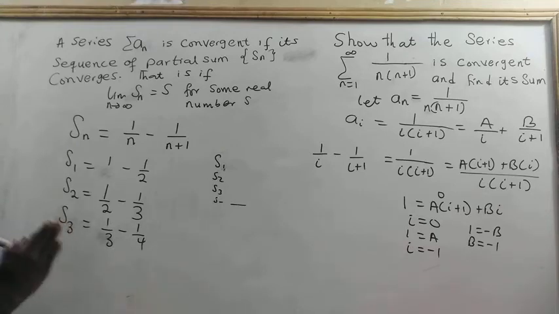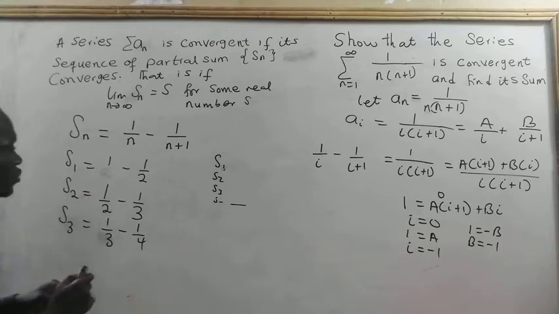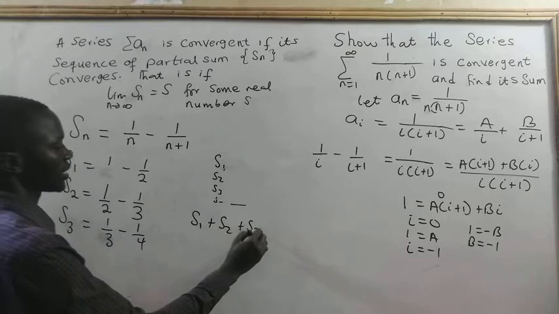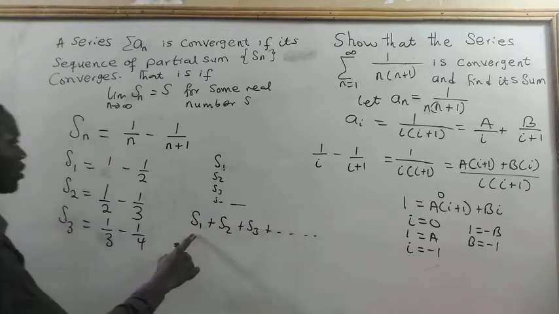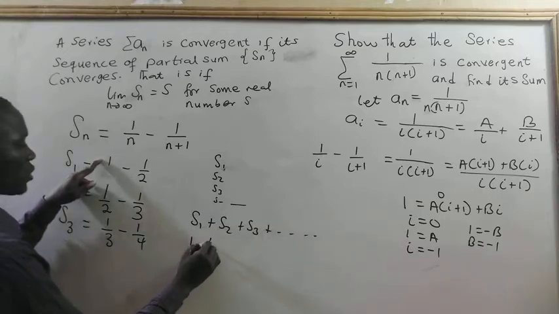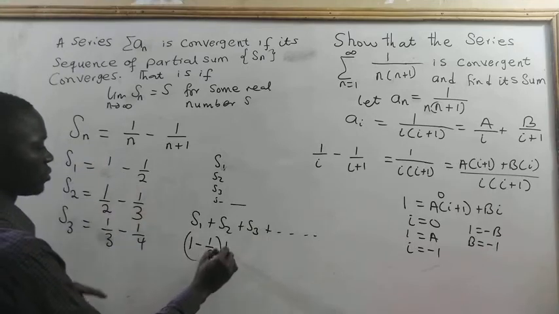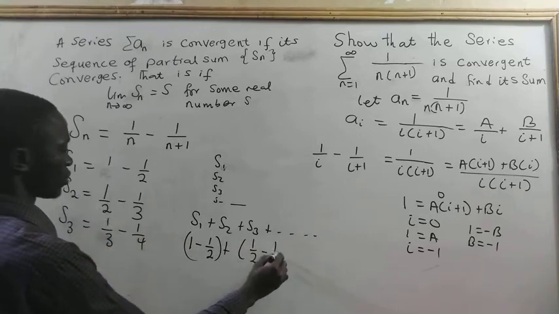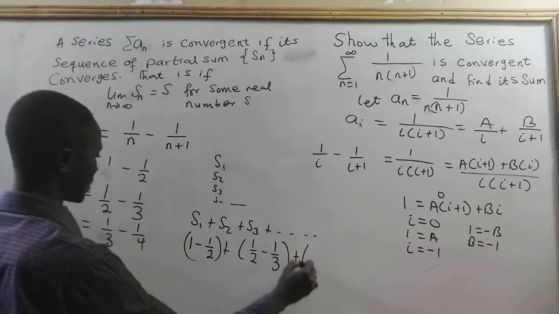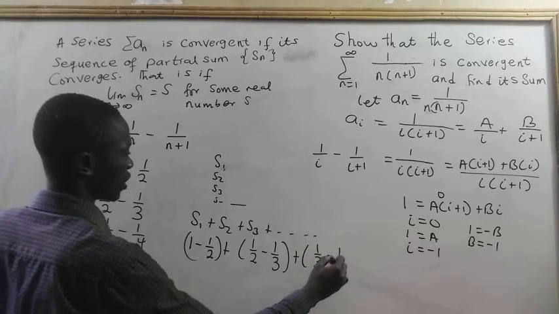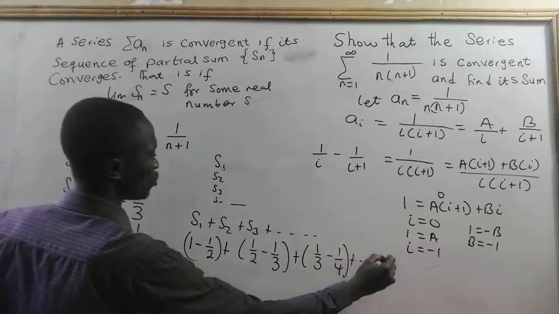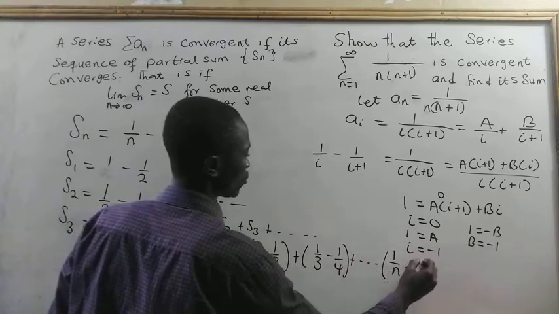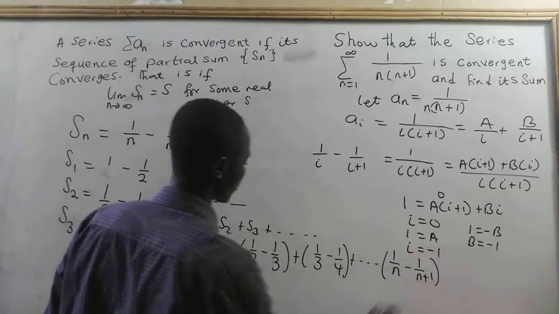So let's form the sequence, that is S1 plus S2 plus S3 plus dot dot dot. So our S1 is 1 minus 1 divided by 2 plus 1 on 2 minus 1 on 3 plus 1 on 3 minus 1 on 4 plus, this will go up to 1 on n minus 1 on n plus 1.